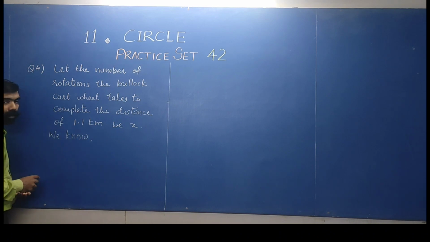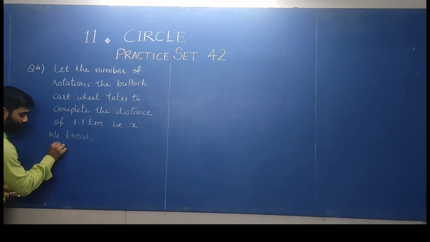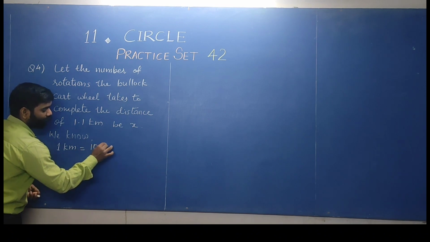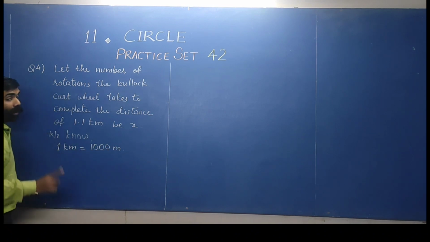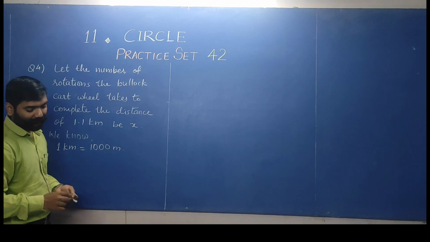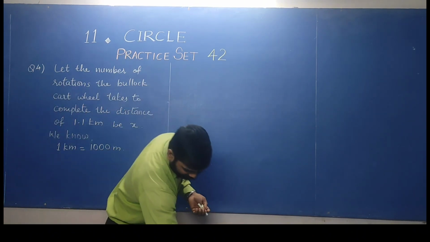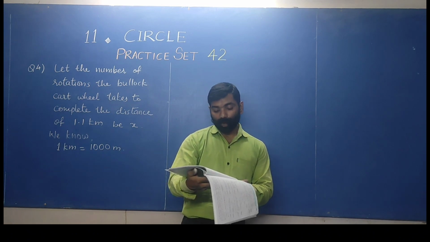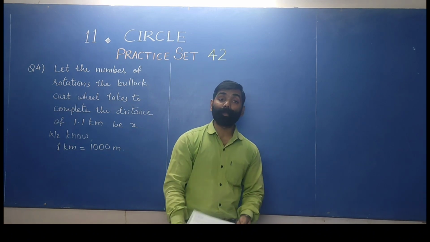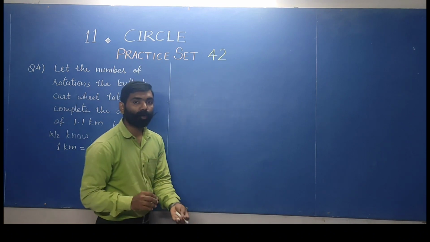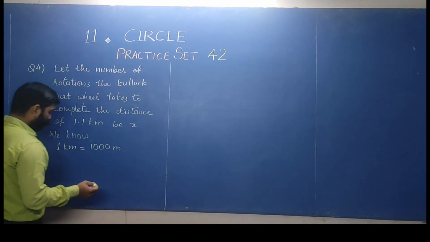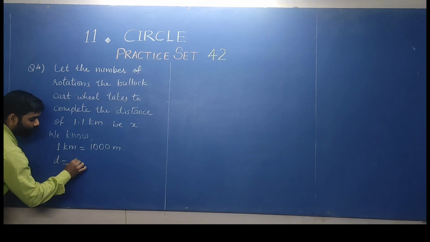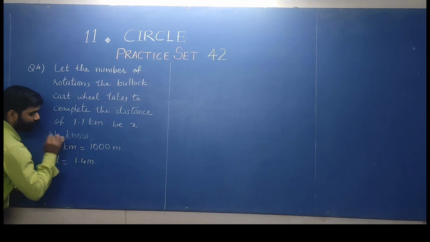What we know, students? We know 1 kilometer is equal to 1000 meter. Here the diameter of the wheel is given in the question. The question says the wheel of a bullock cart has a diameter of 1.4 meter. So D is given, D is 1.4 meter.